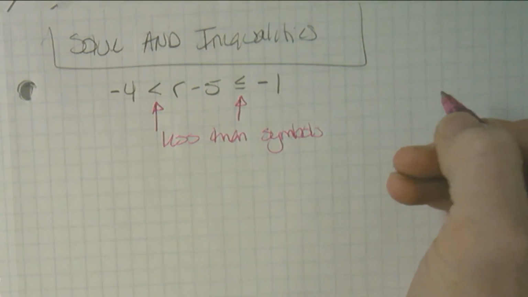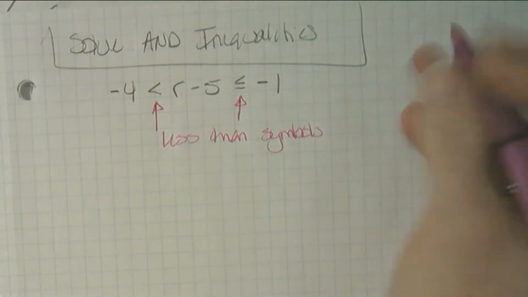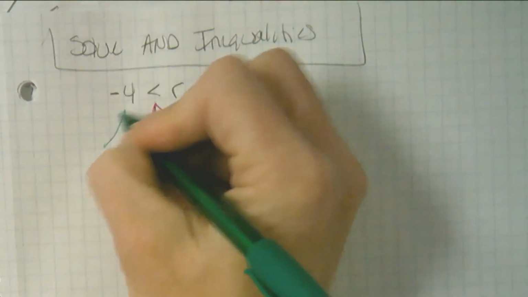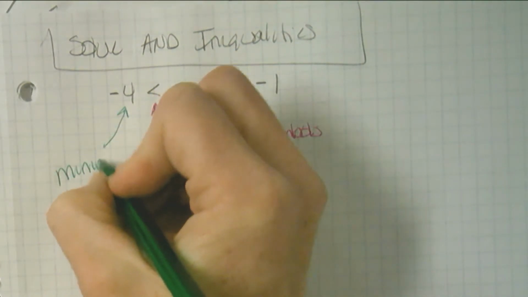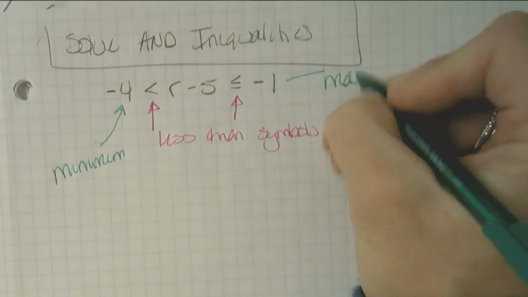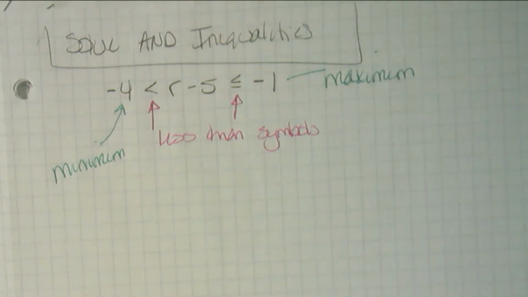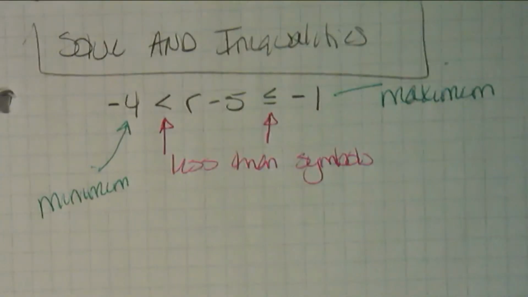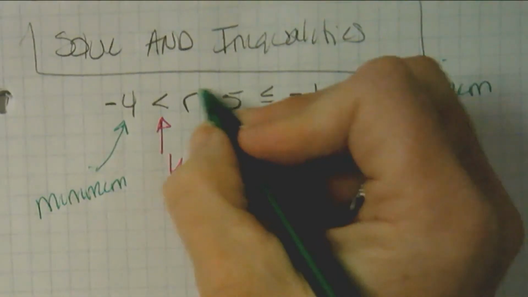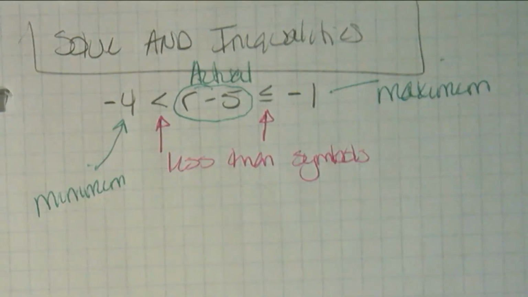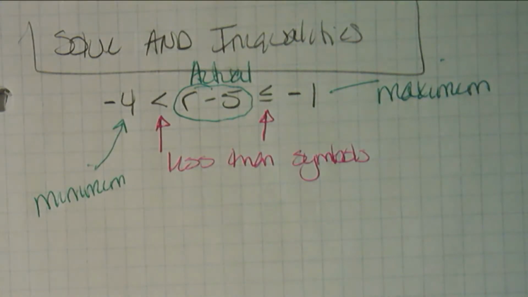That's the first thing. The second thing is that we have a minimum value on the left. We have a maximum value on the right. And in the middle is our actual math. So this is an and.